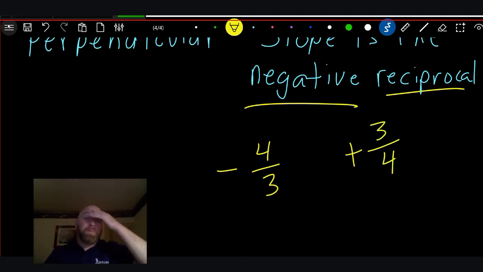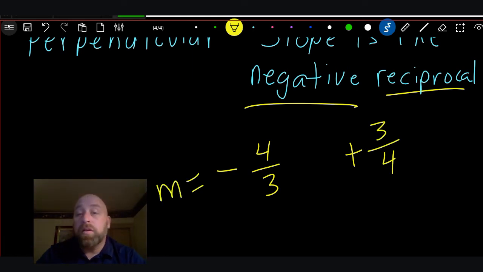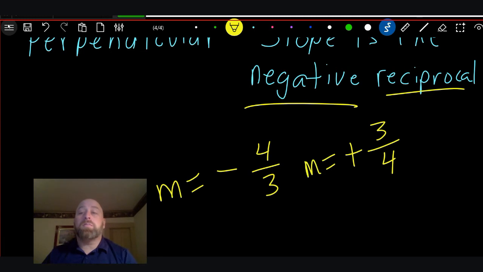So those would be perpendicular lines. If this one, m equals negative 4/3, and in this one, m equals positive 3/4, that would be the negative reciprocal.